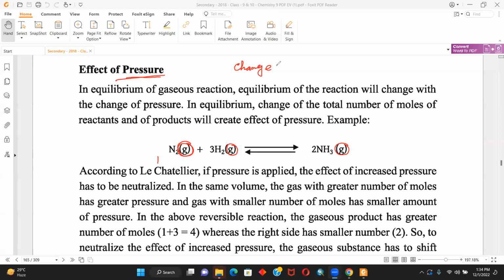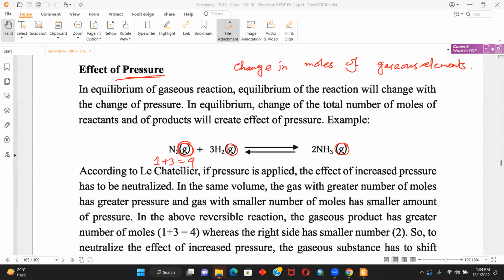So, change in moles of gaseous elements. Now, on the left side, how many moles of gaseous elements do we have? 1 plus 3 equals 4, right?